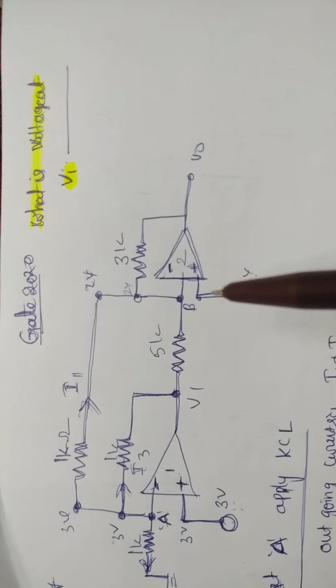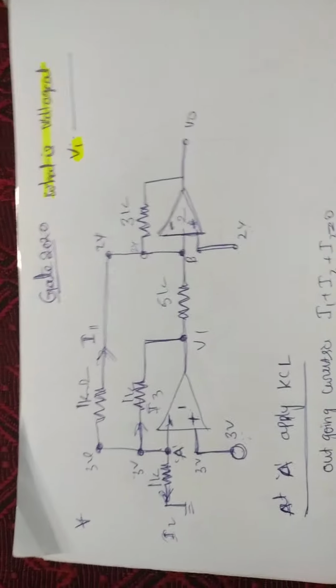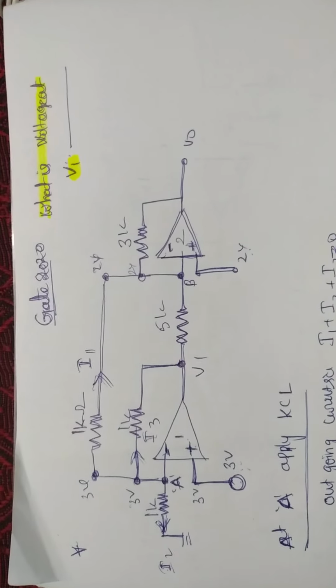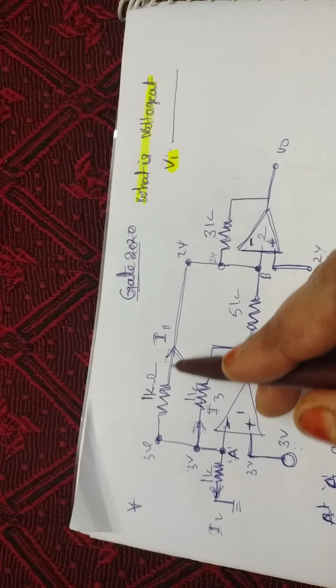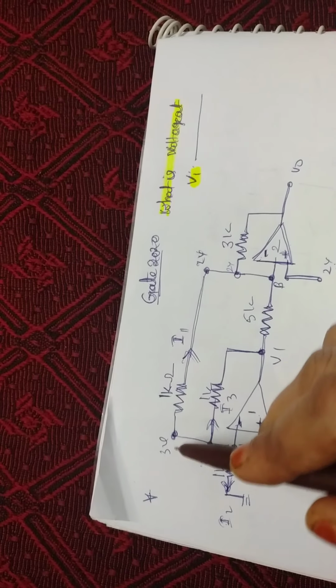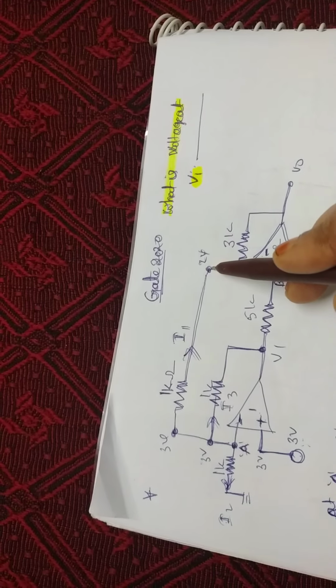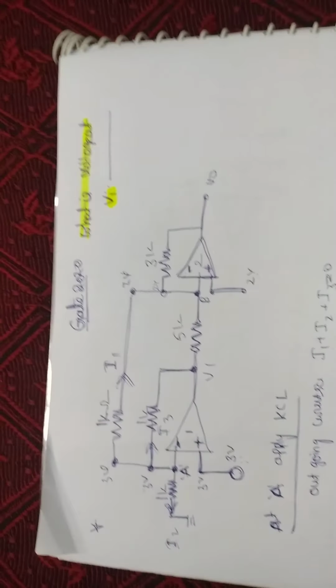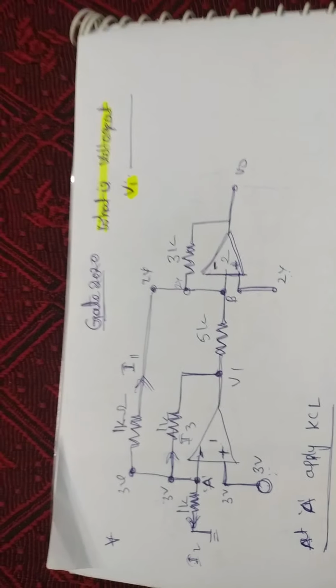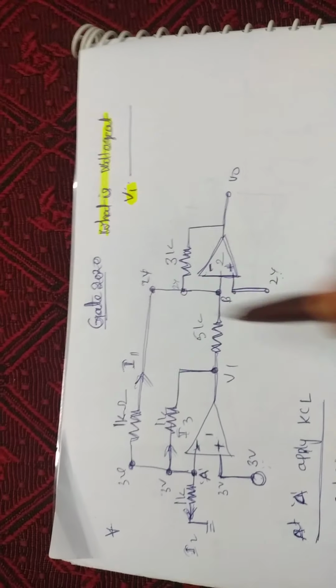So the incoming current is 0 and the outgoing currents give I1 plus I2 plus I3 equal to 0. To get I1, we take the potential difference between 3 volts and 2 volts, always taking current flow from higher potential to lower potential.